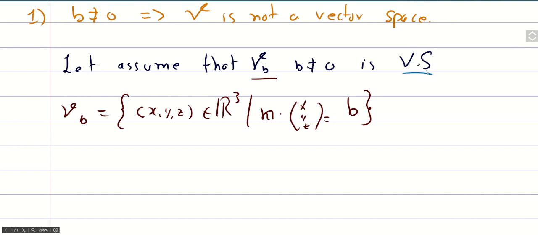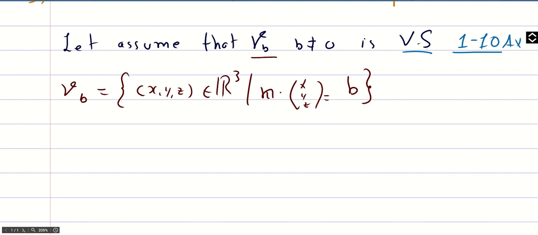The meaning of this being a vector space is that it satisfies the 10 axioms of a vector space. But let's pick one in particular.